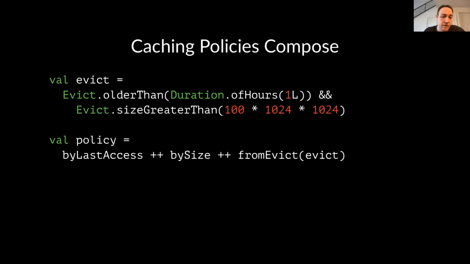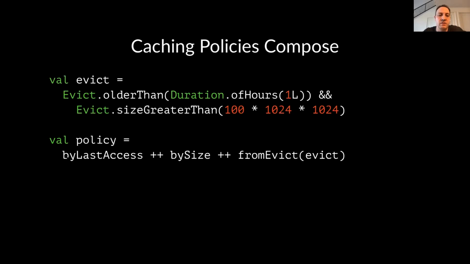And so, for example, we can start to define much more complicated caching policies out of much simpler ones. So here we're first defining an eviction policy that says if an entry is more than an hour old and it's greater than 10 megabytes in size, then we've got to kick it out. And then we're creating an entire caching policy by prioritizing first by last access.